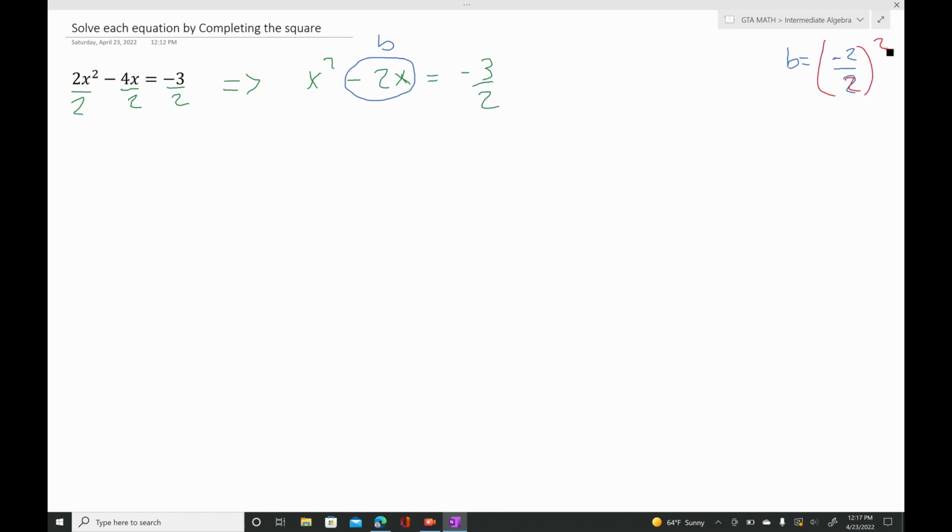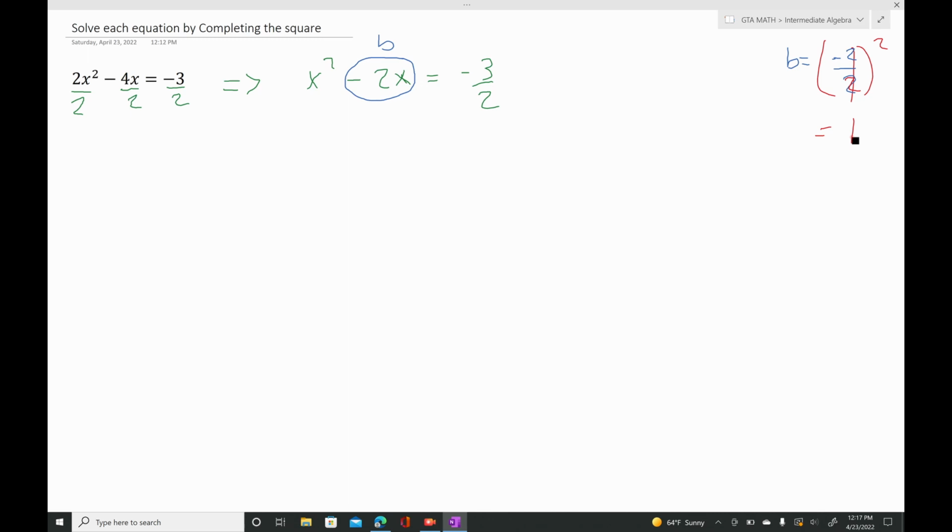We're going to be left with 1 when we're finished, because negative 2 divided by 2 is negative 1, and then we square it and we end up with 1.